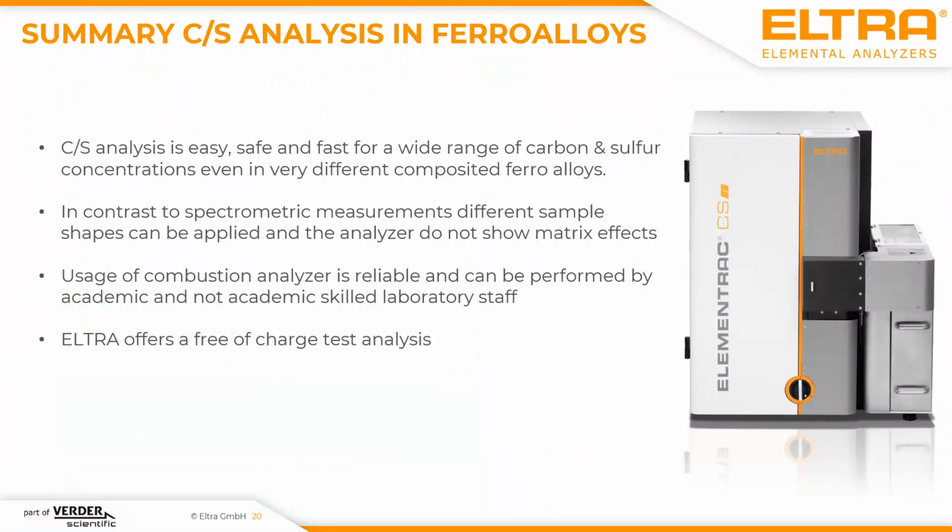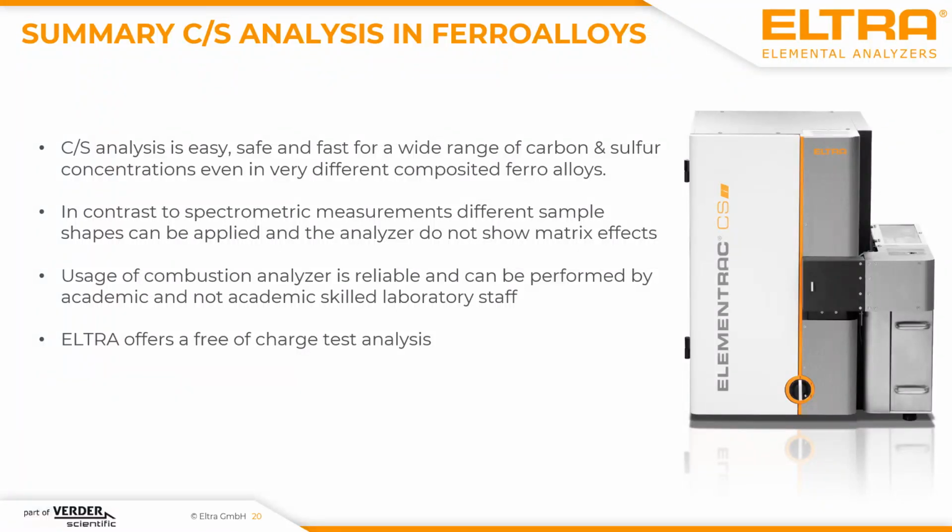As seen before, carbon and sulfur analysis in ferroalloys could be very easy. You just log in the sample in the software, put your sample in a crucible, add some accelerator, press start in the software, and then you get your results immediately after 60 seconds. And this is sufficient to work for a starter.